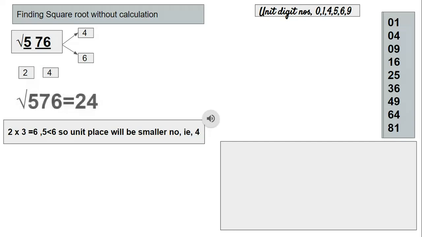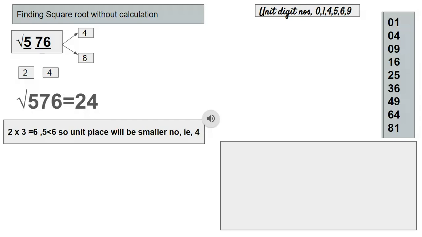Clear? Means what we have to do? First see the unit digit, then what numbers are coming in the unit digit. In mind you can keep the numbers. Then the next number: if it is a 4-digit number, then we will get a 2-digit part. If it is a 3-digit number, then we will get only 1 digit. If it is 5-digit, then we have to take all 3 digits together. So here the number is 5.